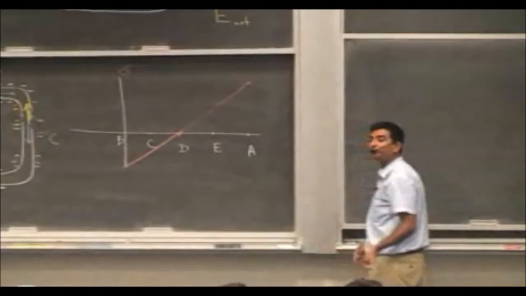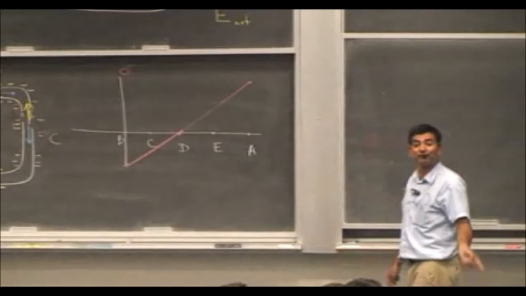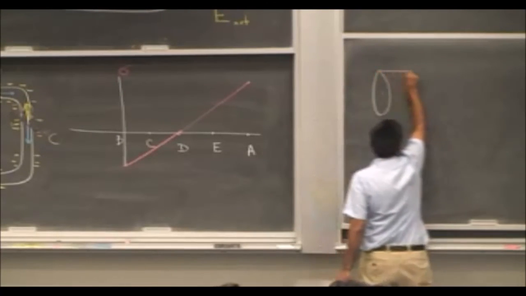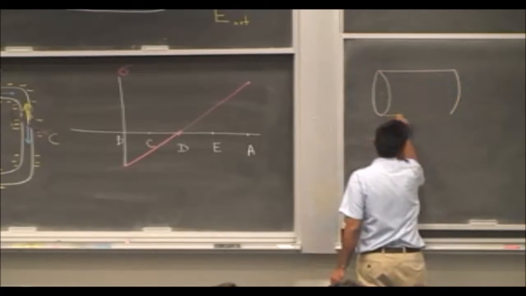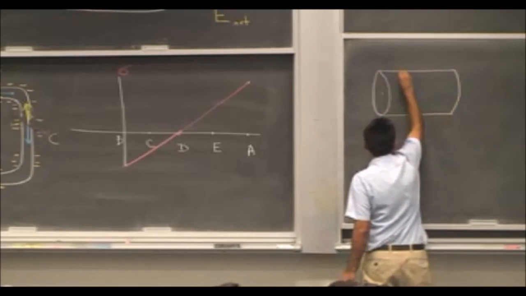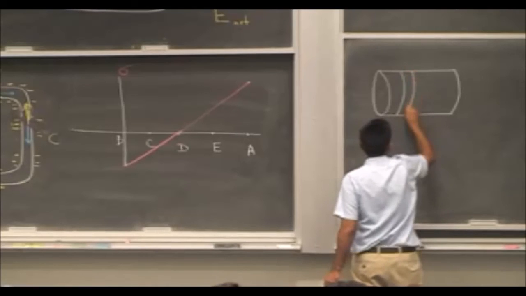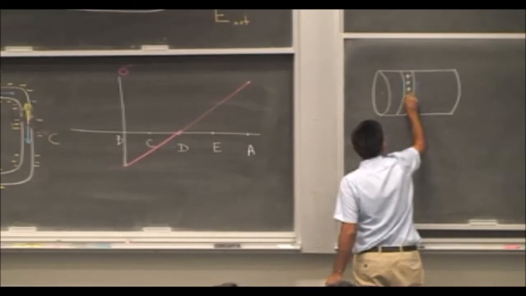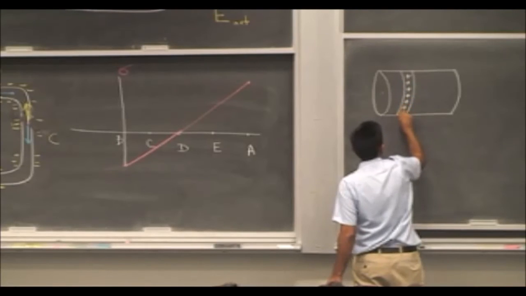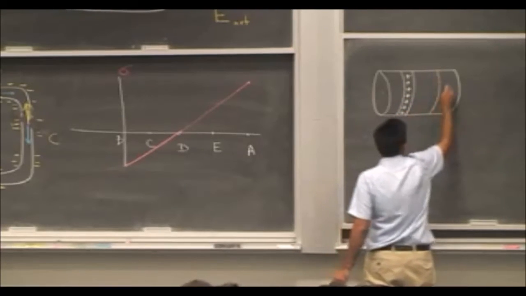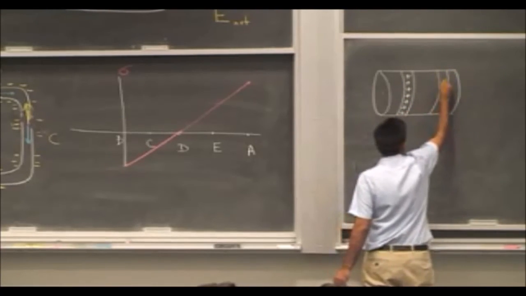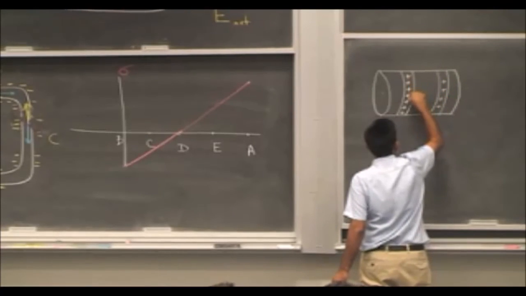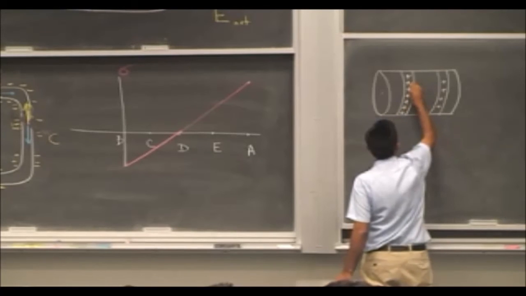These charges are not produced inside the conductor, they are produced on the surface of the conductor. Suppose I have a section of wire. दो तीन चार पाँच छः सात आठ.